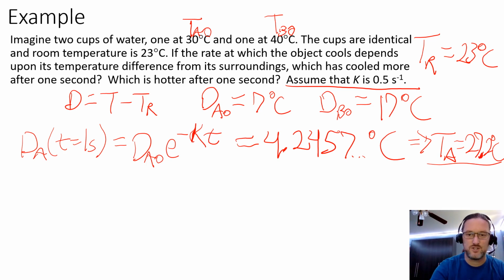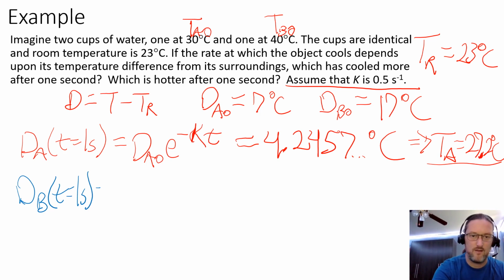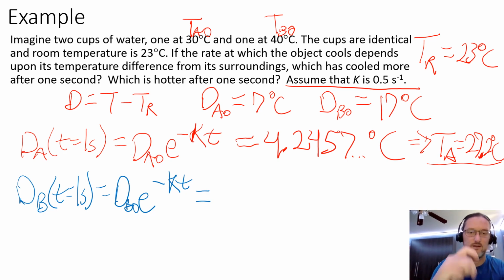So let me change colors here and we'll look at thing B. The temperature difference at 1 second: d B of t equals 1 second is d B naught e to the minus k t with t equal to 1 second. So that's 17 times the same exponential function.